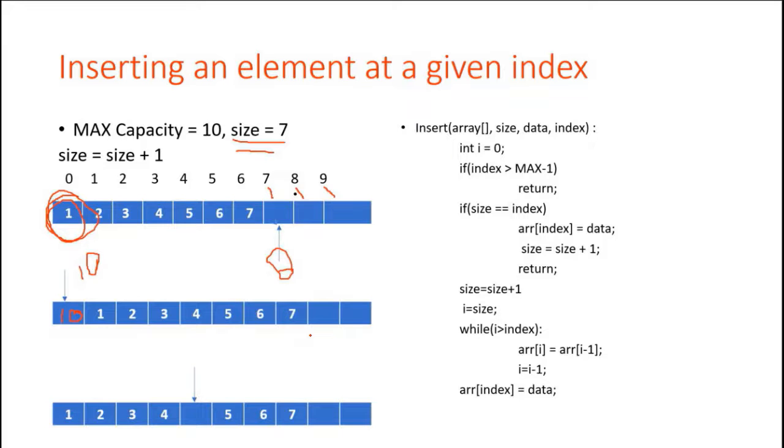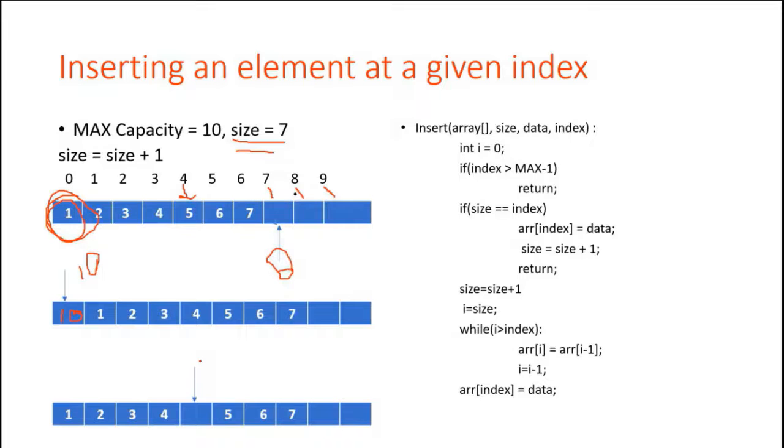In the third case, we do the same. Suppose we want to insert at the 5th location, but the 5th location is already occupied by 5. The index of the 5th location is 4.